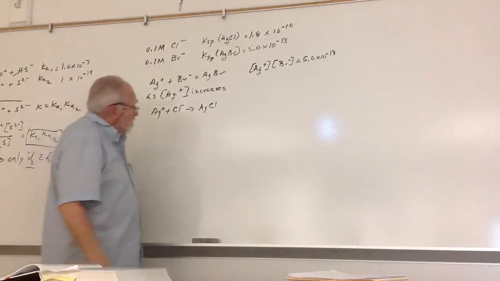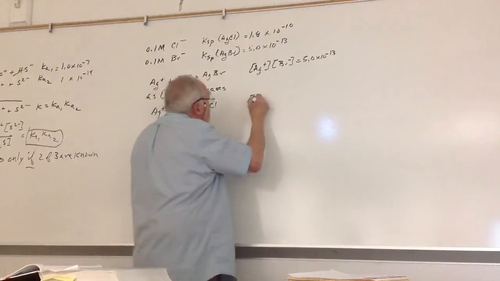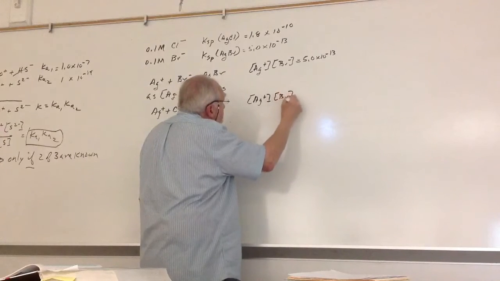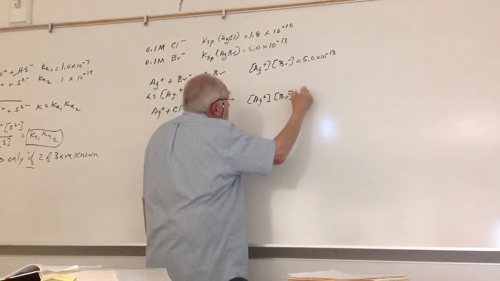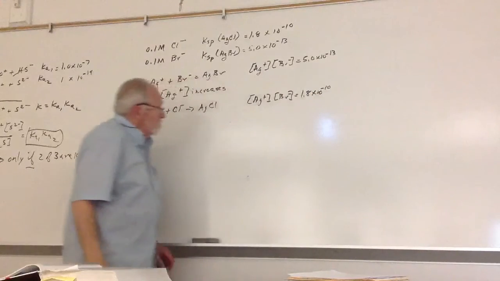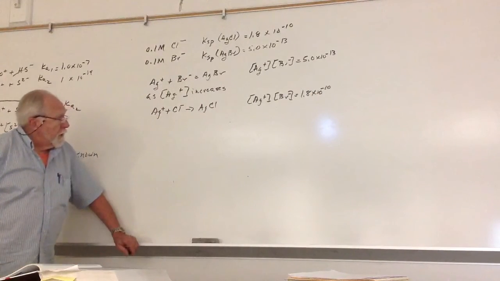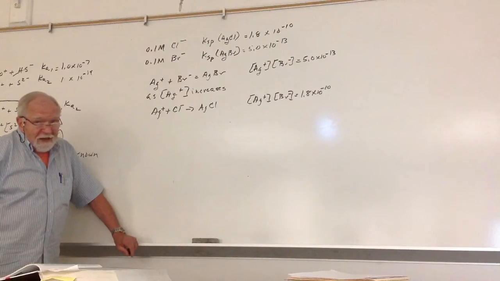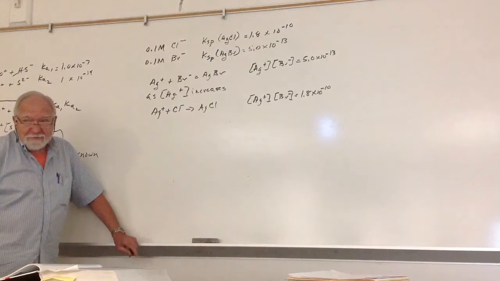And then the equilibrium that we have to worry about, this one. Okay. So we just look at the KSPs for this and decide which one precipitates first, because the one with the smaller KSP precipitates first.